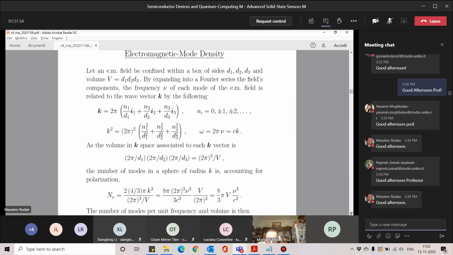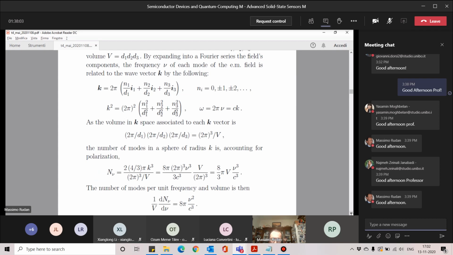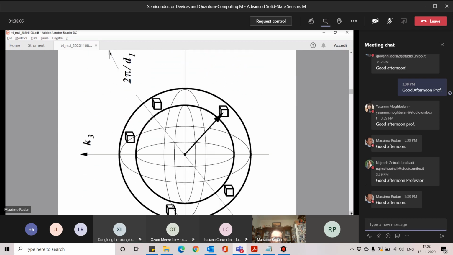So this k defines a sphere of radius k in the k space. If you then change k by an infinitesimal amount, you increase by an infinitesimal amount the radius of the sphere. So you construct a shell whose thickness is dk. So it is in the next page, okay?